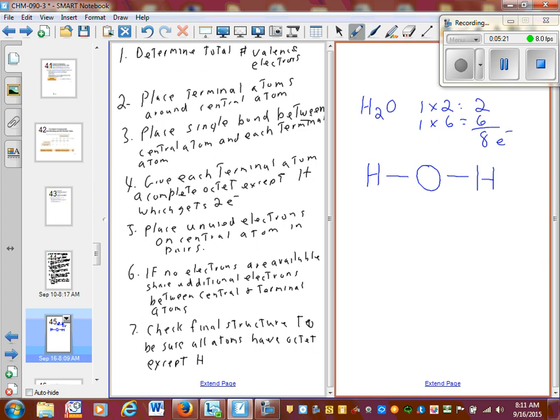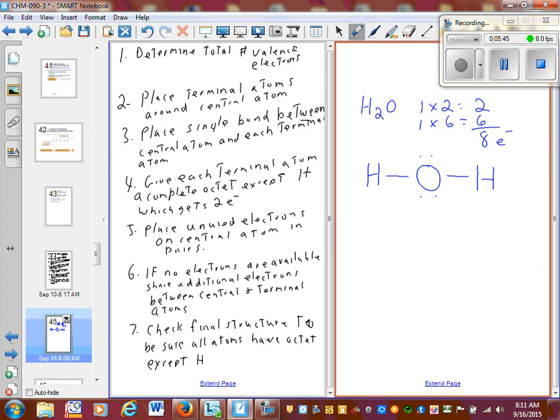Hydrogen needs how many to be happy? 2. Well, it has 2. So it's in the middle, it gets shared. So this hydrogen has 2, this hydrogen has 2. I can't put any more electrons on hydrogen. I have 4 left over. Where do they have to go? On the oxygen, and we put them in pairs. There. So that's oxygen.